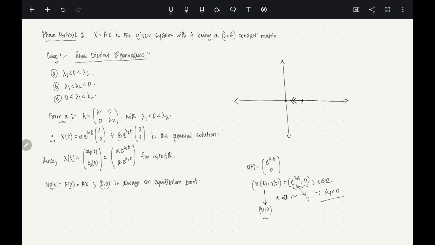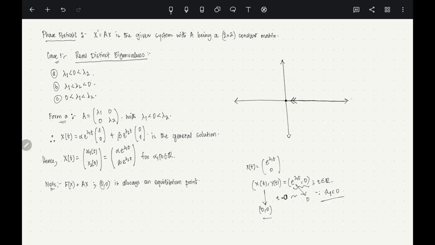You don't have to draw this particular line; I just draw it for the purposes. This is 1, 0. At t equals 0, it is somewhere here, and as t tends to infinity, it is going towards here. As t tends to minus infinity, this is actually blowing up, going towards minus infinity, 0.